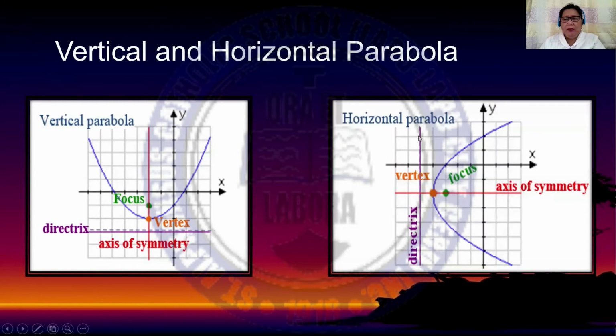For the horizontal parabola, you have here the vertex, this is the focus that is always inside the parabola, and this is the directrix, and this line is the axis of symmetry, and the axis of symmetry is horizontal.